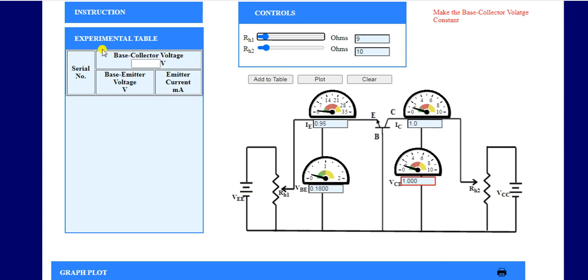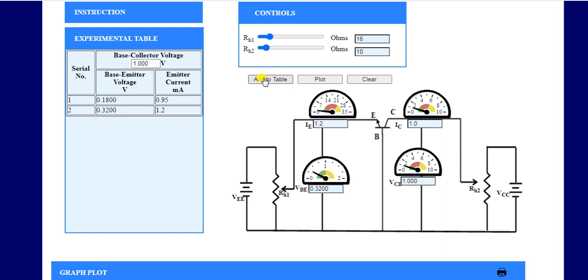So this is our experimental table: base emitter voltage and emitter current, that is in milliampere. Add this value to our experimental table. Now again change the VBE to some other value, measure emitter current.